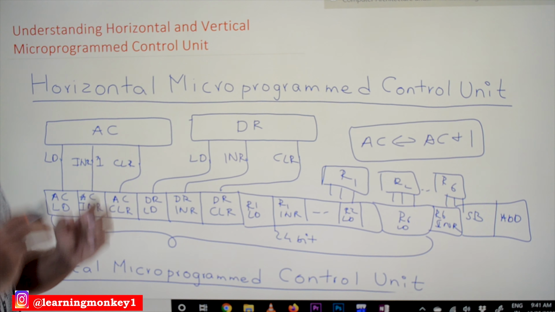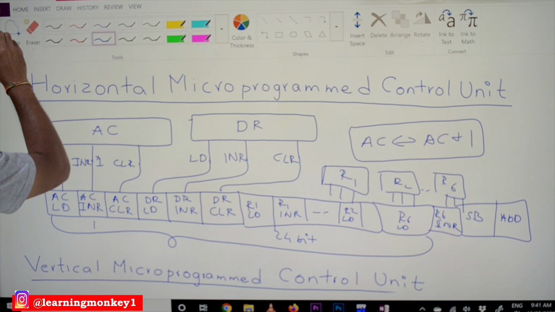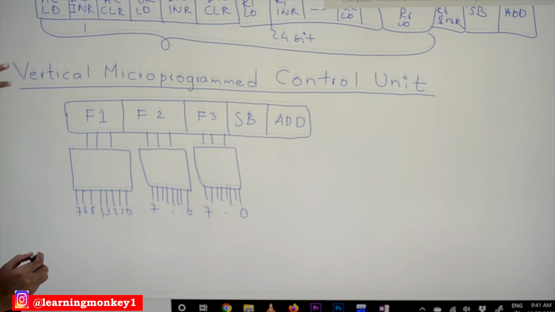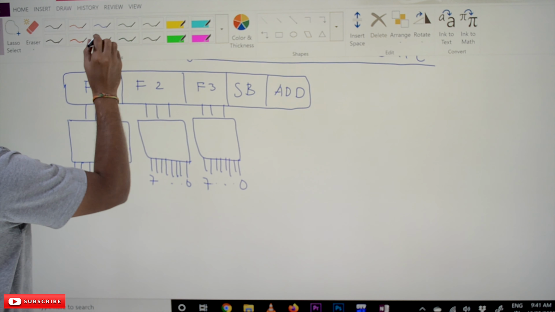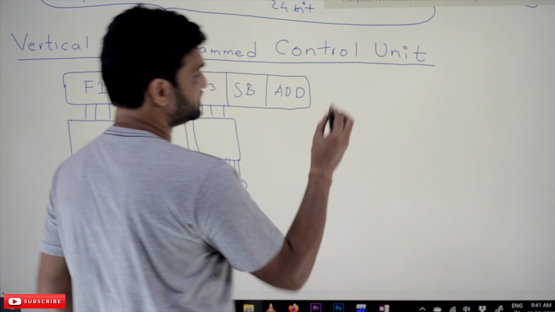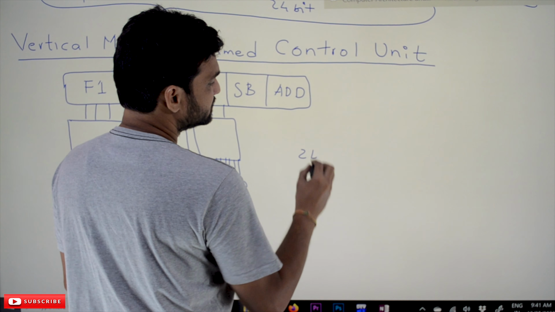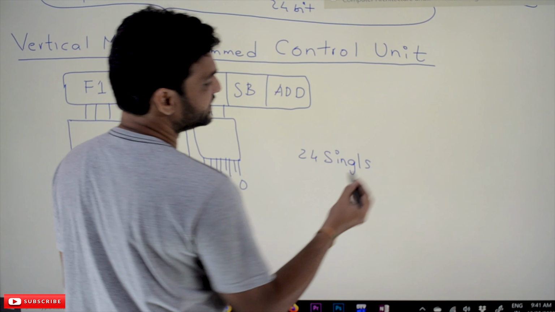Now, what is meant by a vertical micro-programmed control unit? Let's take the same example with 24 signals and 8 resistors.